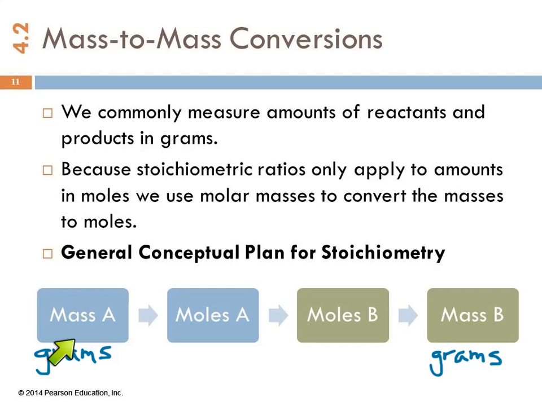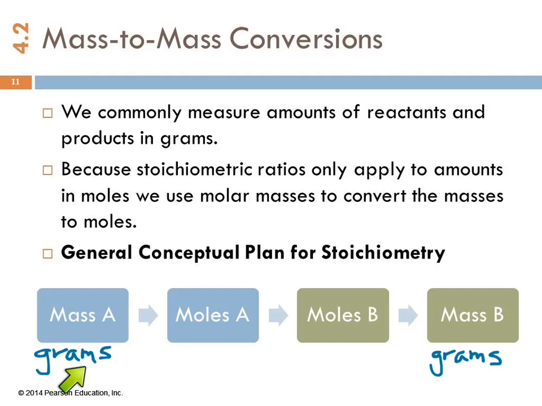Grams to moles to moles to grams. If you did not learn that in your previous chemistry class, now's the time to learn it. You should wake up in the middle of the night saying grams to moles to grams. That's the centerpiece of stoichiometry. We'll do little variations on it, but that's the go-to path. Grams to moles to grams.